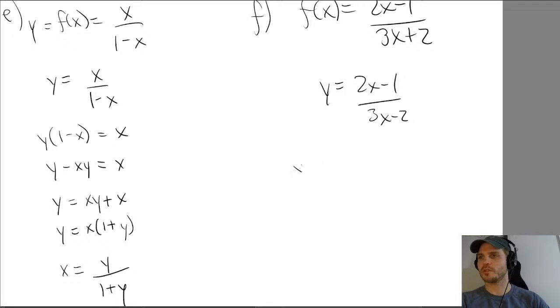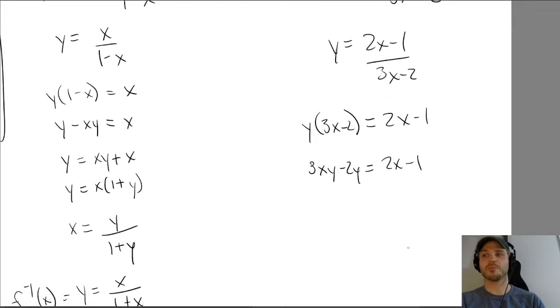So this is multiplying by the denominator on both sides equals 2x minus 1, distributing y. Now I'm trying to solve for x. I'm going to put all my x's on one side and everything else on the other side. So I'm going to go 3xy, adding 2y and subtracting 2x.